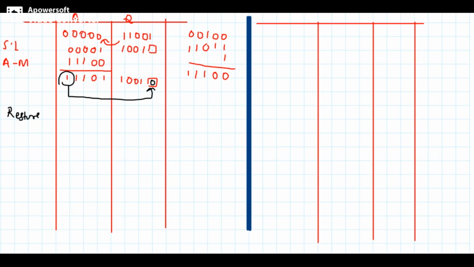Restore in the sense I'll get the original value of A before performing A minus M, 0 0 0 0 1. So I can say that this completes the first cycle.